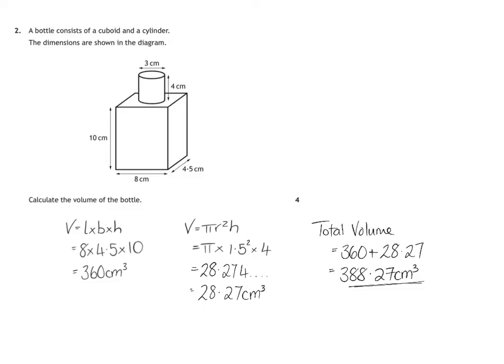Remember, lots of this course is to do with geometry and measurements, so we need to make sure that for every question, if we can, we have our units on each one. So here, first mark is for correctly substituting into our cylinder formula. Second one is for getting our answer for that. Our third mark is for correctly finding the volume of the cuboid.